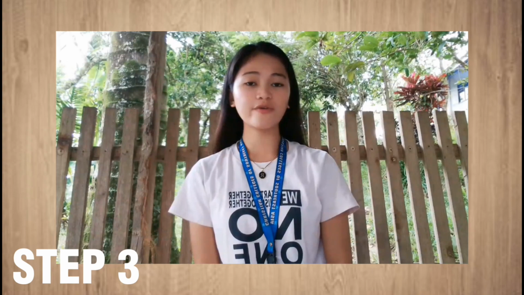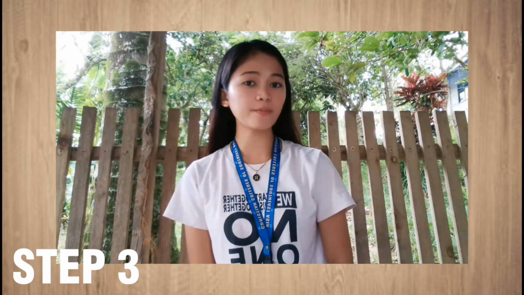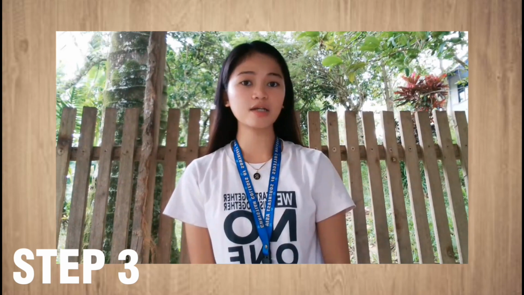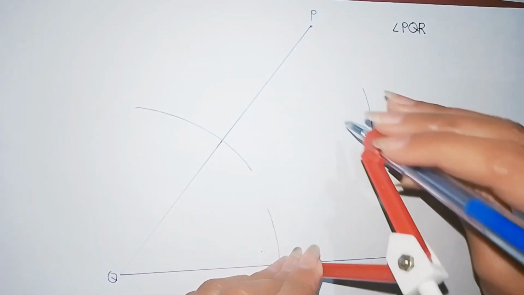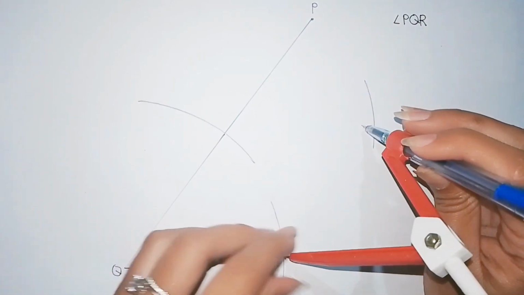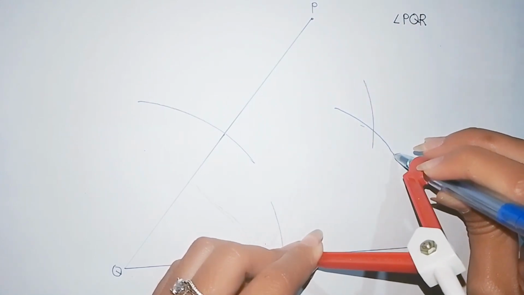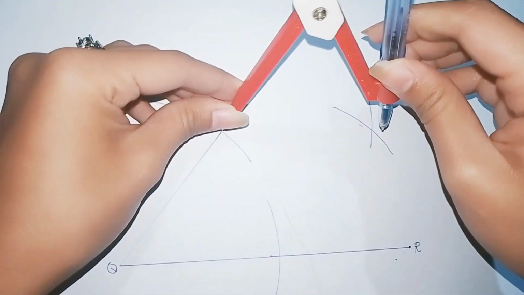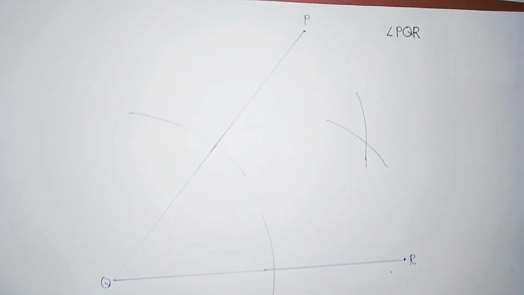Without changing the radius on the compass, repeat step 2 from the point where the first arc cuts QR. Step 4.